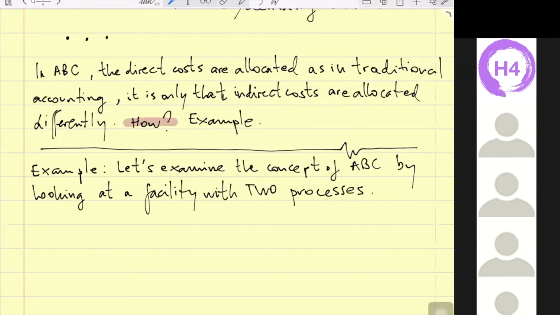And this is important. Please pay attention. We are looking at each process. So when you do activity-based costing, you need to have information about the process. Otherwise, forget it.